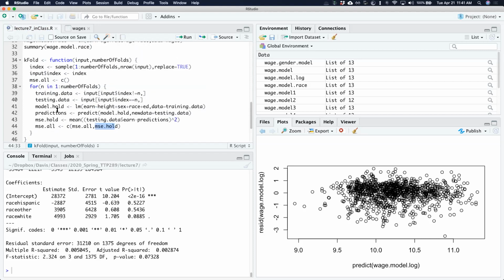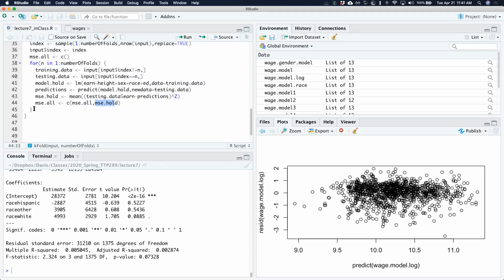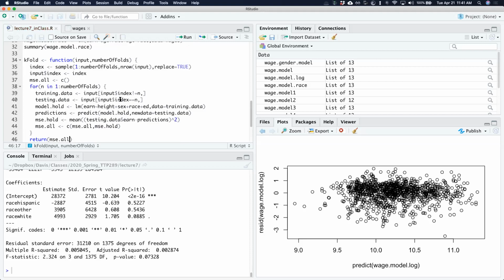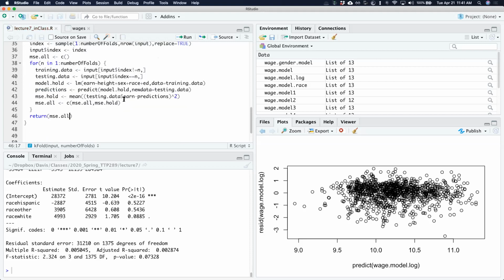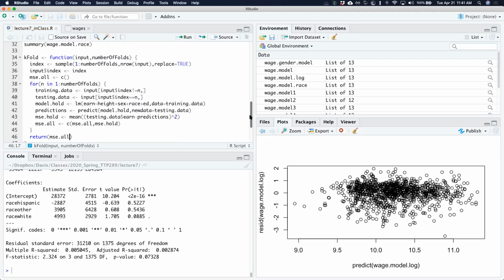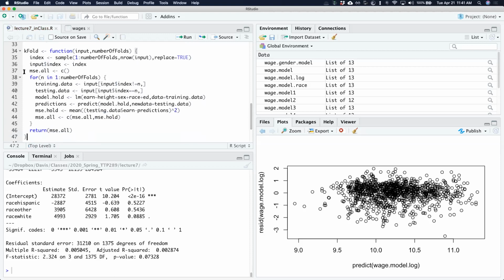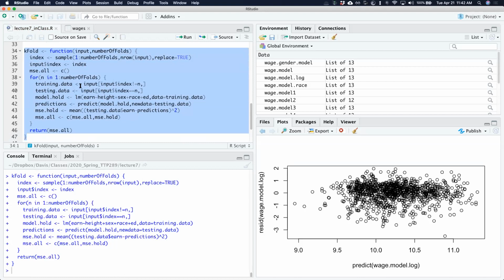And then you move through and it continues to append them on. So you'll end up with an output of five MSEs for a k-fold of 5. So I'm going to go ahead and return MSE.all. So if I go ahead and run this, we can now look at what happens in our k-fold.